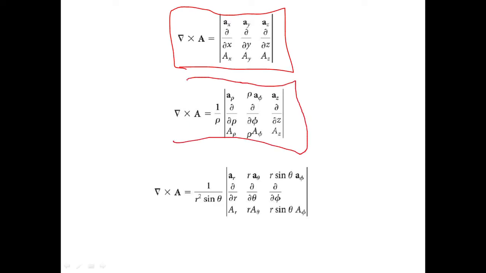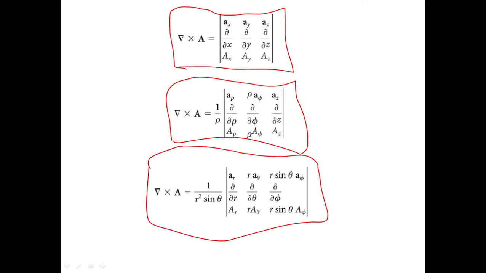Now this is the curl equation in the Cartesian coordinate system, curl of A vector in the cylindrical coordinate system, and curl of A vector in the spherical coordinate system. Anyway, all these we discussed in the first module. I'm just putting it here, as we may require all these for solving the problems today, right?